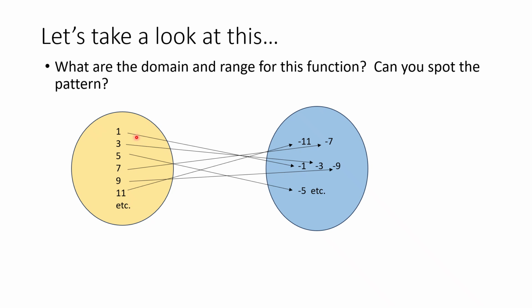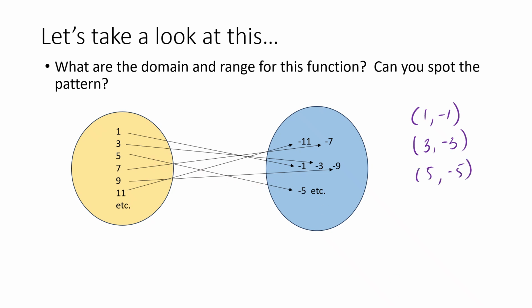So looking at this, 1, tracing that arrow, maps to -1. 3 maps to -3. 5 maps to -5.